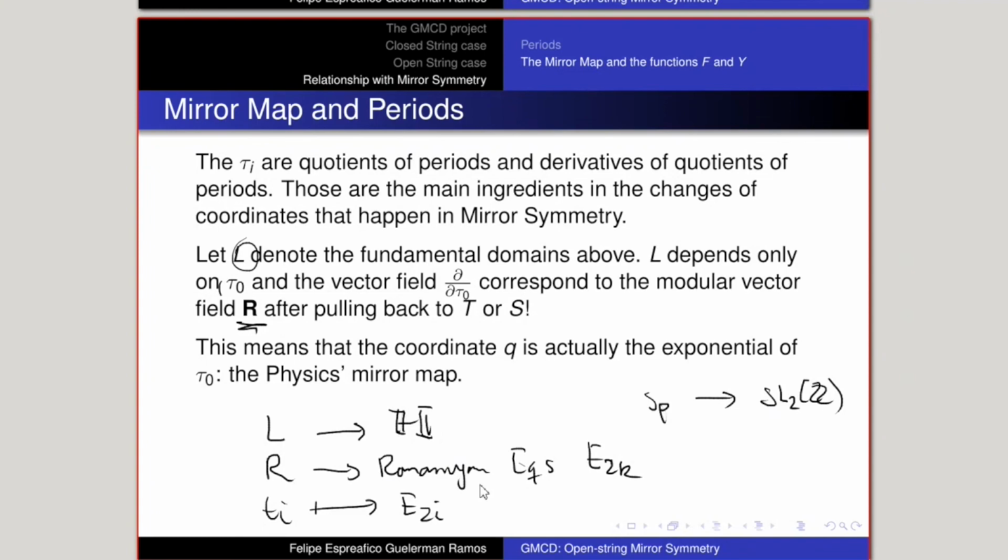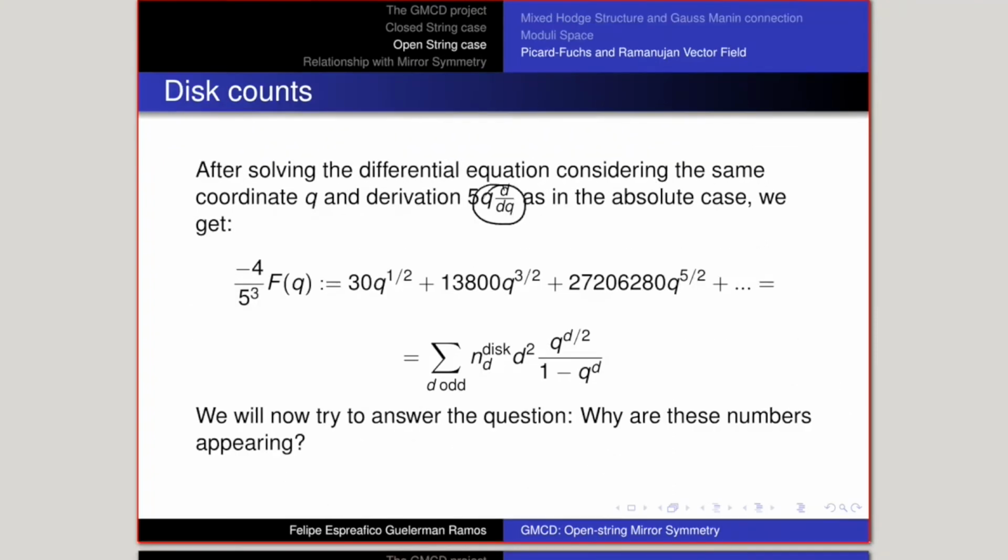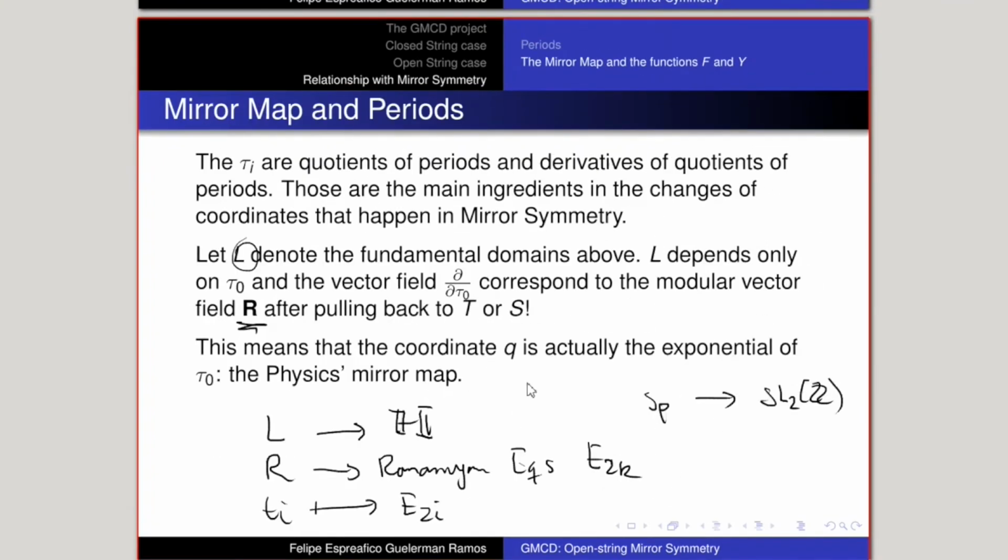So that's the sense in which we are generalizing modular forms. And also if you consider tau 0, the coordinate Q we were using here is exactly the exponential of tau 0, or maybe 2 pi i tau 0 or something. And this is also very standard in physics, which is the mirror map, right?